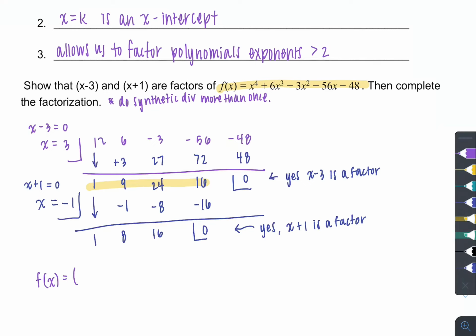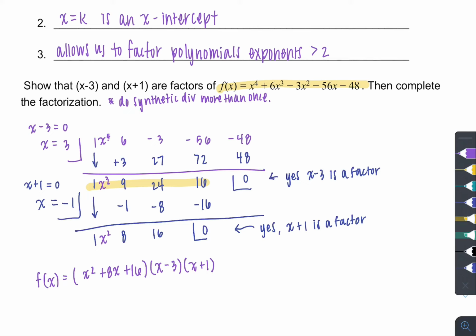So this started out as x to the 3rd, which dropped down as x squared, which dropped down to just an x. Oh, this is x to the 4th. Oops, I'm mistaken. This was x to the 4th. X to the 4th, x to the 3rd, x squared. So we get x squared plus 8x plus 16 can be multiplied by x minus 3 and x plus 1.